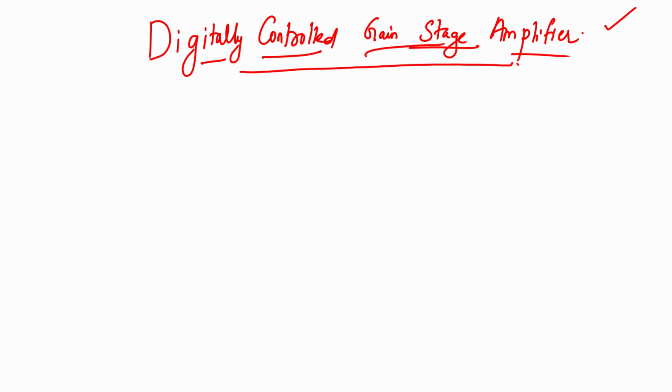So can this voltage be used to give a controlled gain to an amplifier? Remember that the DAC output, when we saw it, was a negative voltage, correct.